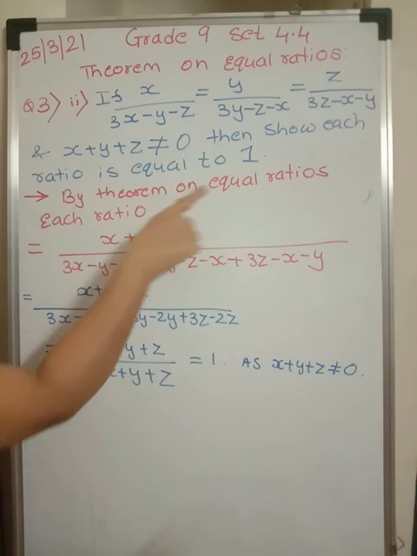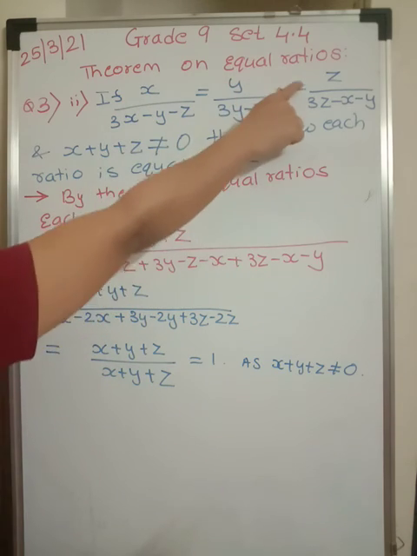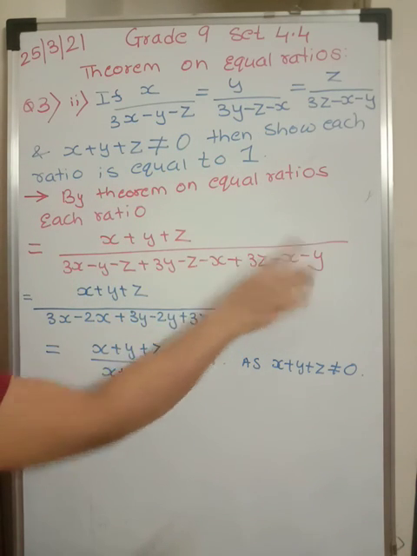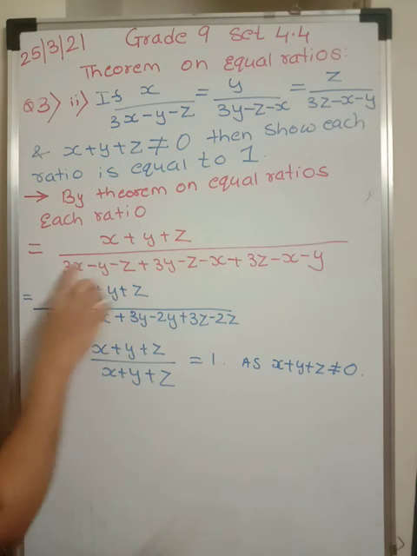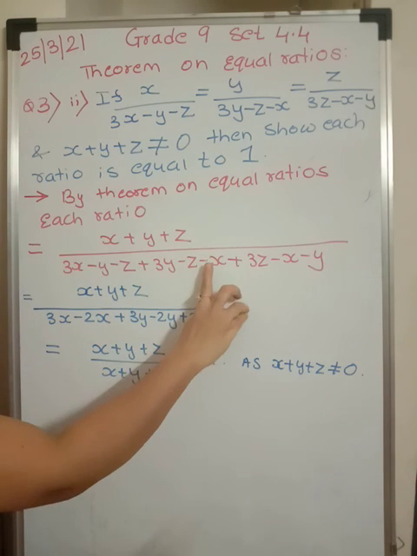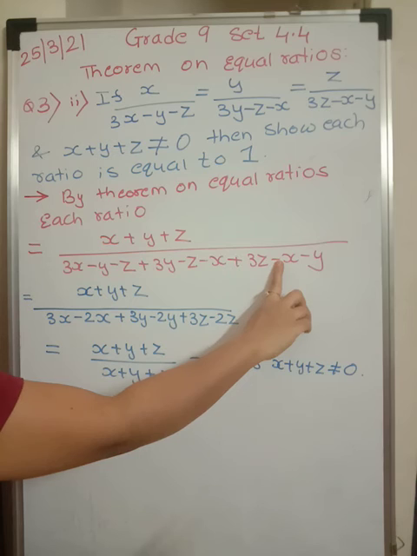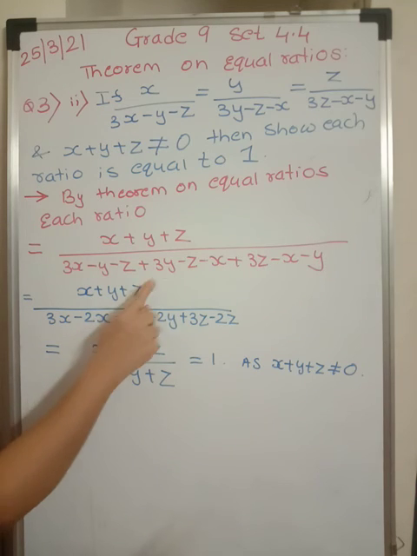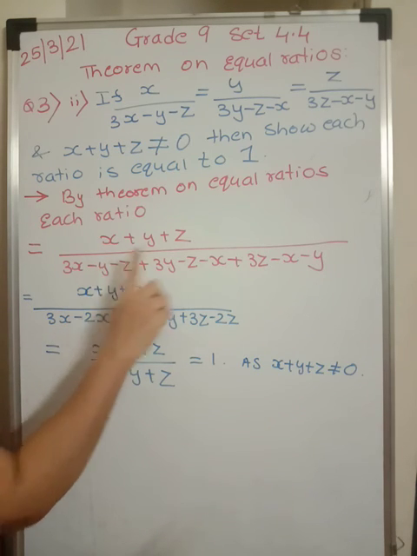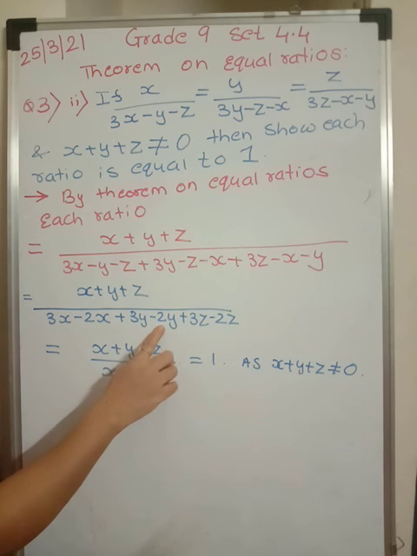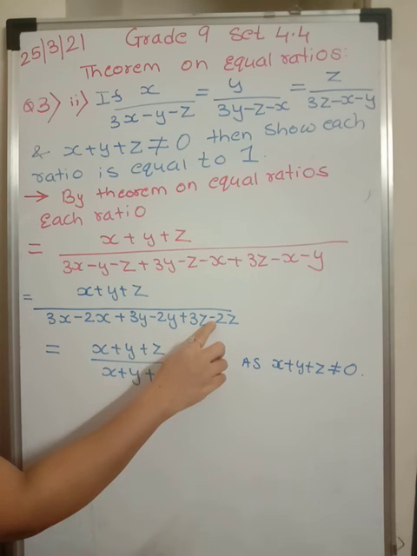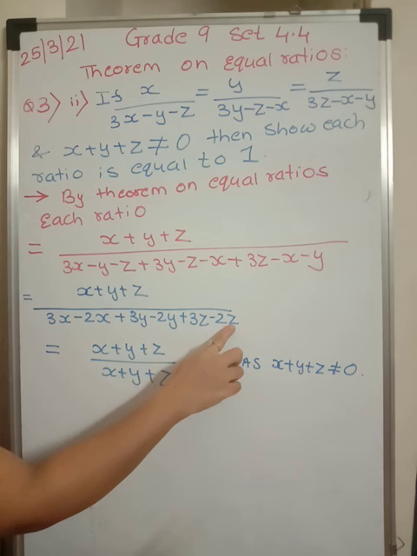Now see here, by theorem on equal ratios, if I am adding all the numerators, all denominators also will get added up. Now see, 3x as it is, you have minus 1x is minus 2x. 3y as it is, minus 1y, you have minus 2y. 3z, minus 1z, minus 1z will be minus 2z.